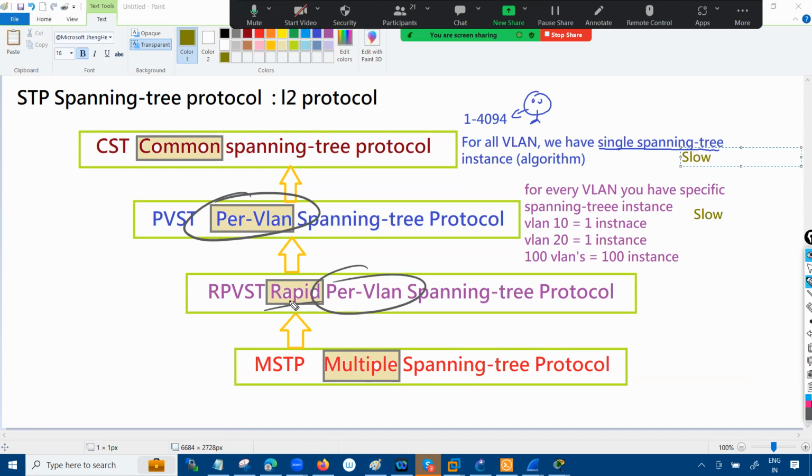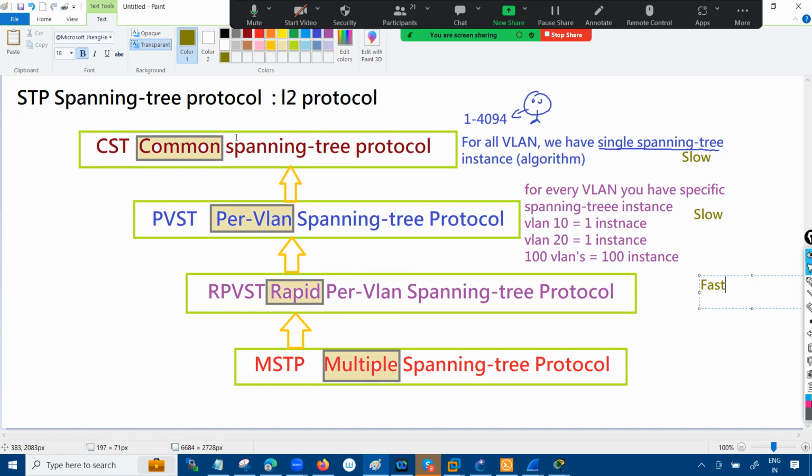The meaning of rapid is fast. Same purpose, same behavior, only it's a fast one. For VLAN number 10, one instance; for VLAN number 20, another instance. Now, if you see common, PVST and rapid PVST, each one has some issue.